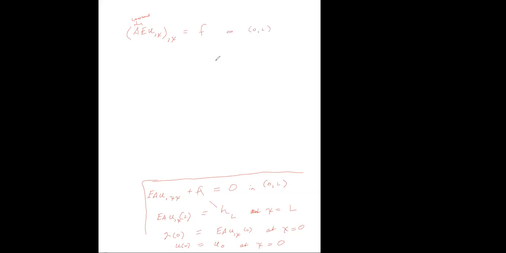From 0 to L. Will somebody tell me in 1D what Young's modulus times u comma x is? What do we call that? Stress. This is the Cauchy stress in 1D. This is the strain epsilon, u comma x, multiplied times Young's modulus.